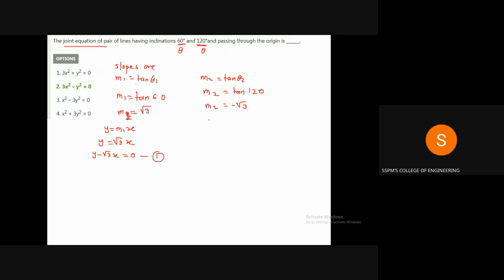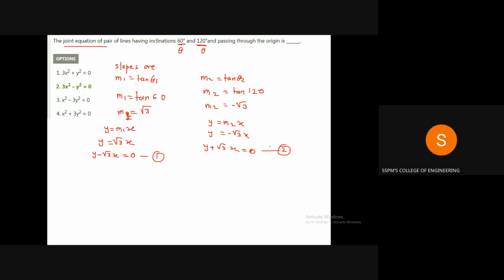So this is our first equation, y minus root 3x is equal to 0. And for second equation we can write y is equal to m2x. So y is equal to minus root 3x, that is y plus root 3x is equal to 0. This is our second equation.